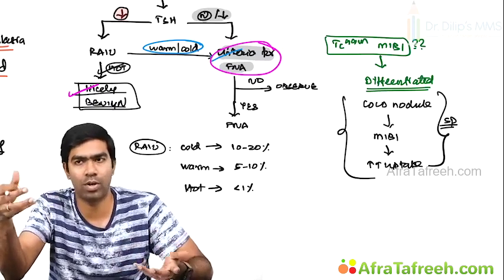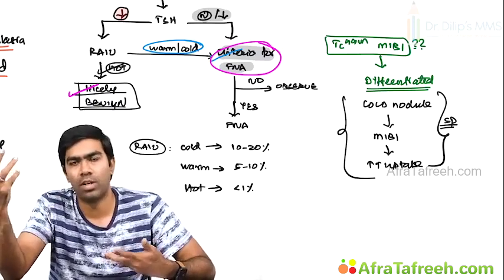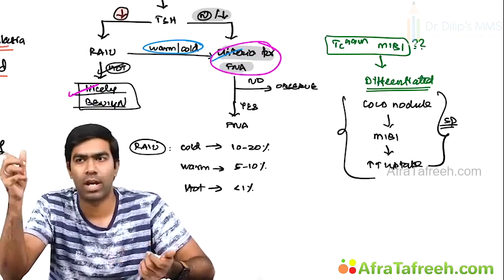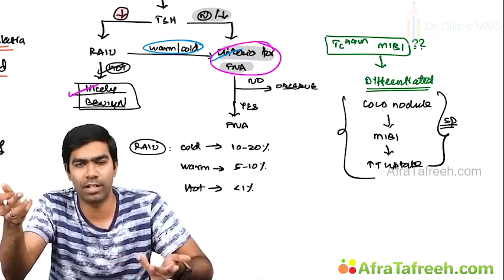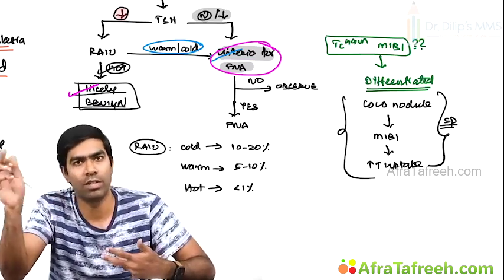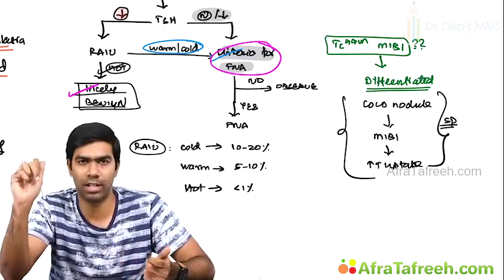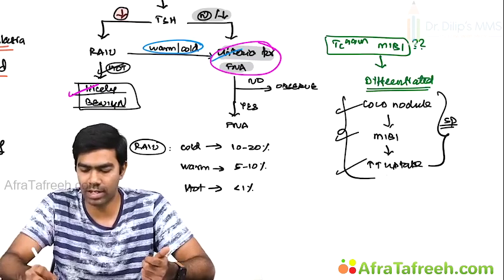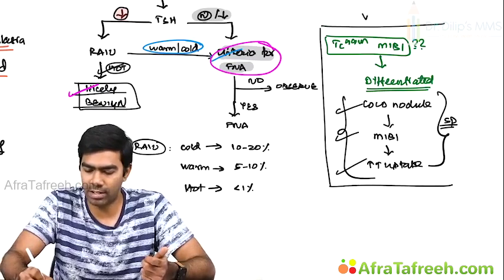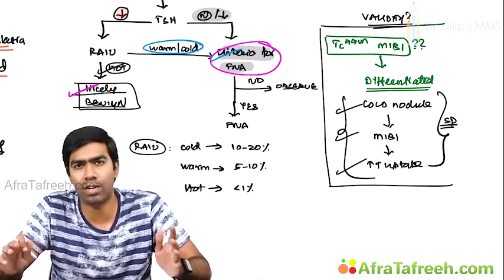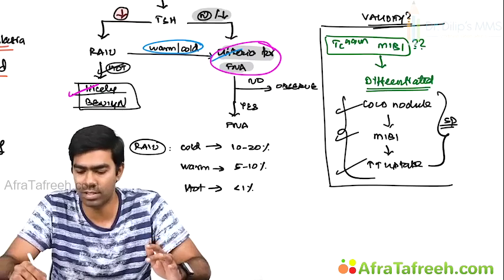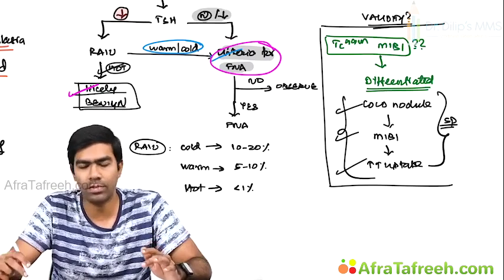You're doing RAIU and you're seeing a lower uptake or a cold nodule, and after that you are doing a MIBI scan, and in the MIBI scan, if you see excessive uptake, that is actually more in favor of a malignancy. Clear? So this has been proposed, but again, we don't know the validity. You need a lot of trials to check the validity of this data, but still this is ongoing. Clear?